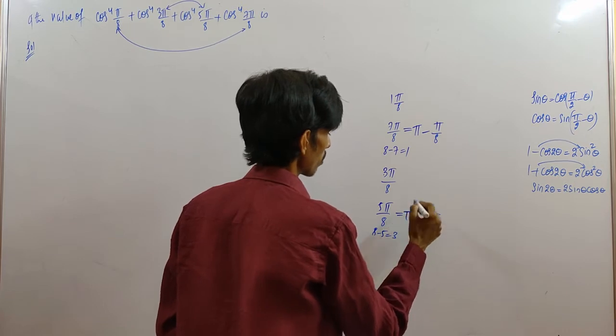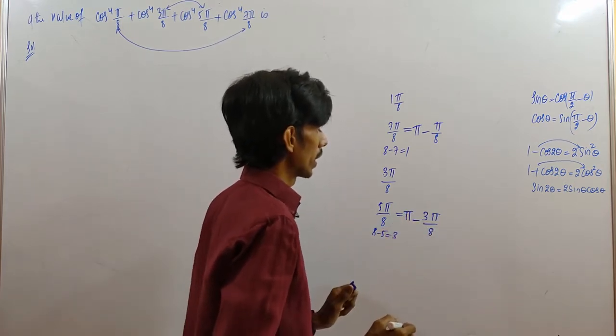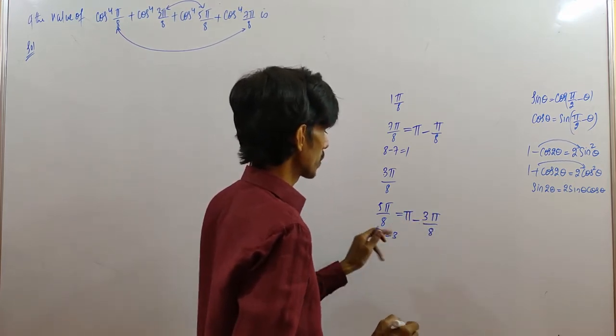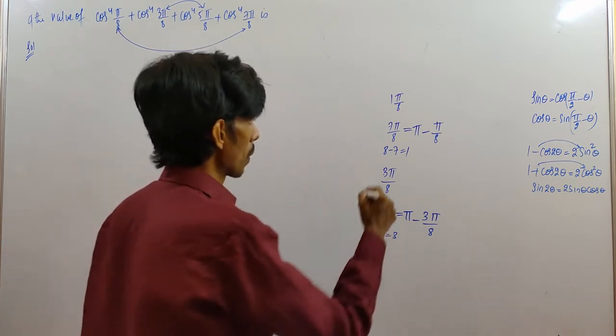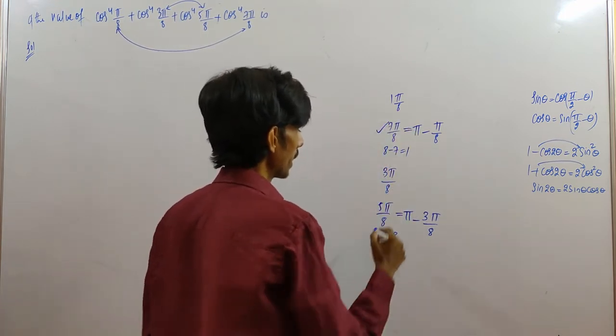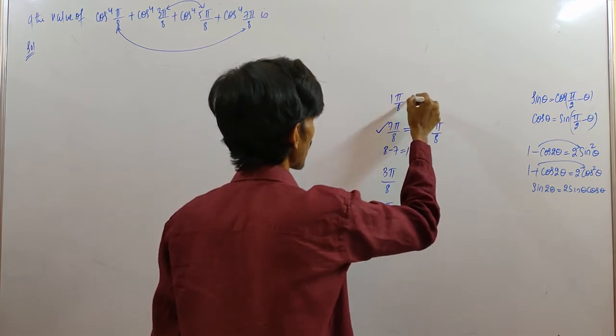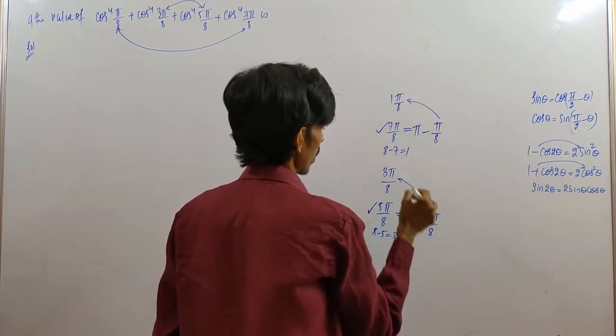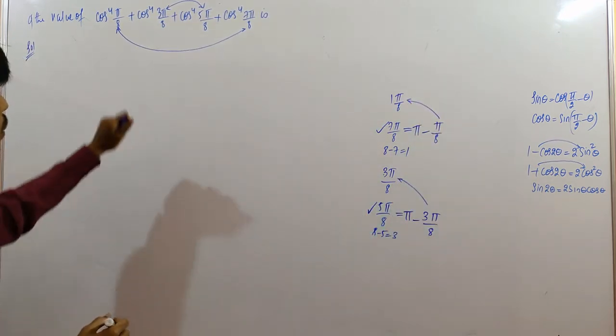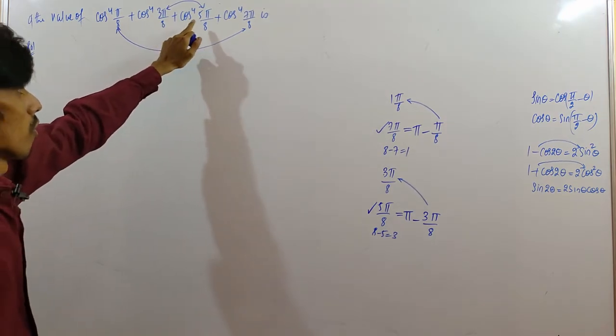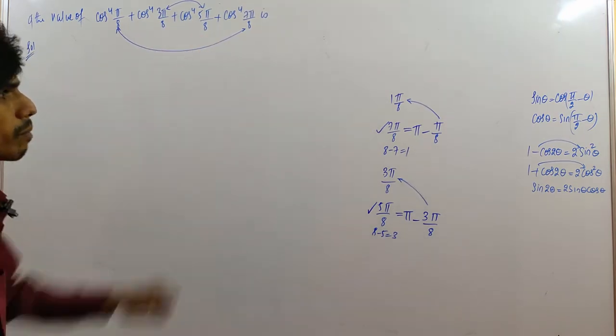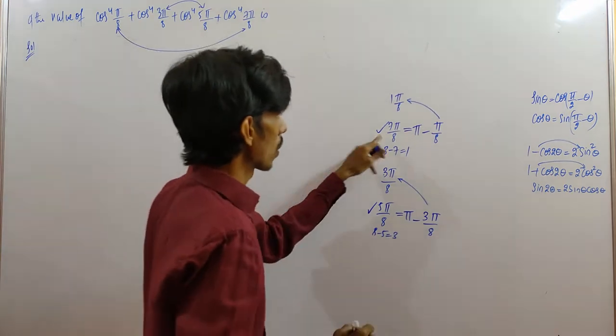Here write down pi. 8 into pi is 8 pi minus 3 pi is 5 pi by 8. So modify 7 pi by 8 and 5 pi by 8 in terms of basic angle. Now we have cos of 5 pi by 8, cos of 7 pi by 8. So apply cos here.